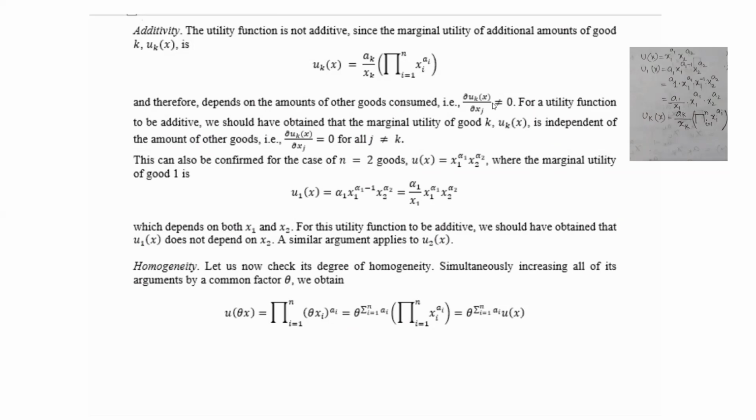But when it is not equal to 0, that means the marginal productivity of good K must depend on good xj. But when the marginal productivity of one good depends on another good, then the additivity is cancelled out.